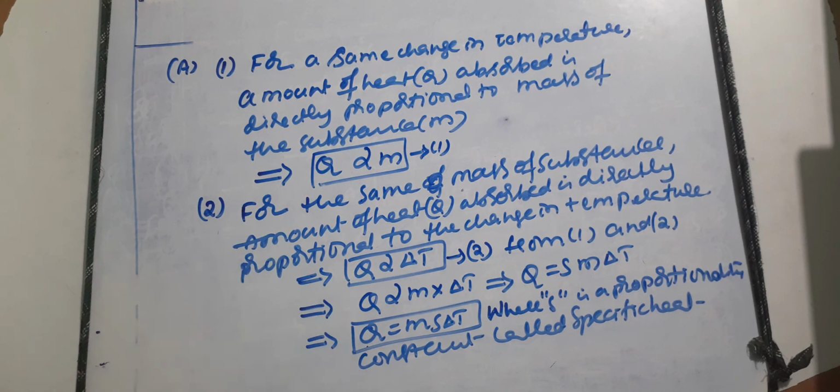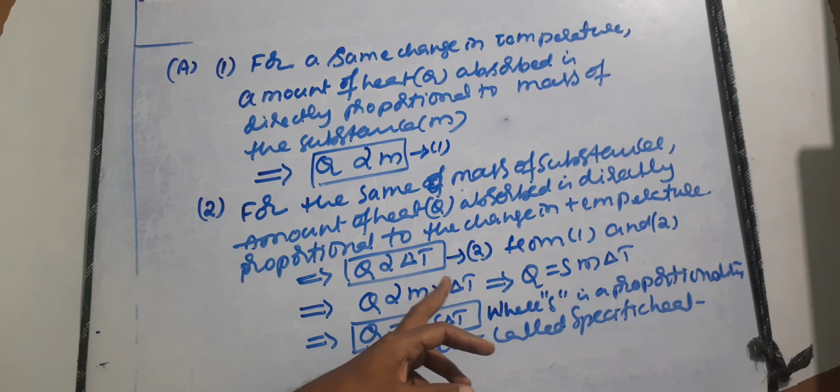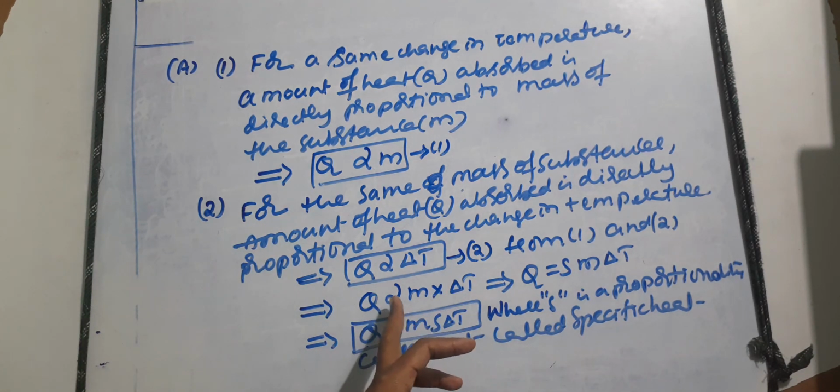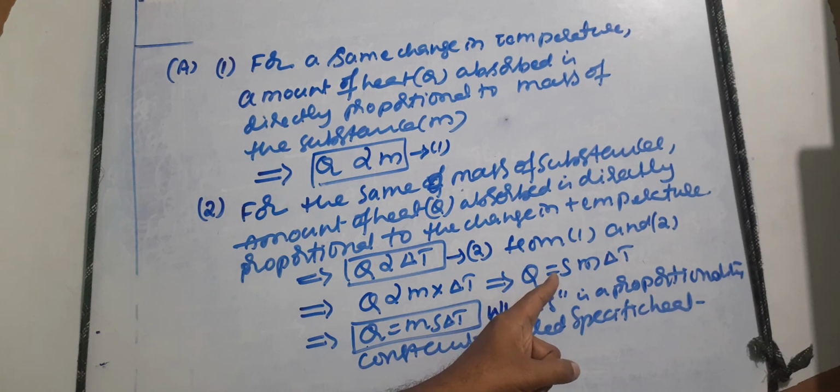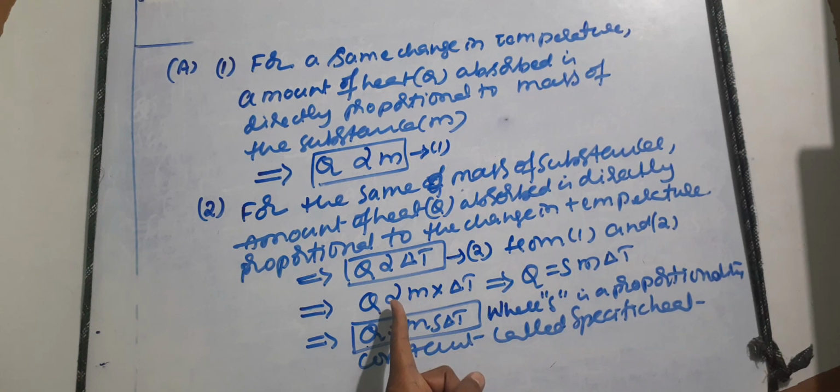That is, the amount of heat absorbed is also directly proportional to the change in temperature. So by combining these two, we can write Q is directly proportional to M into delta T. Eliminating the proportionality symbol, Q equals M S delta T, where S takes the place of the proportionality symbol and is called specific heat.